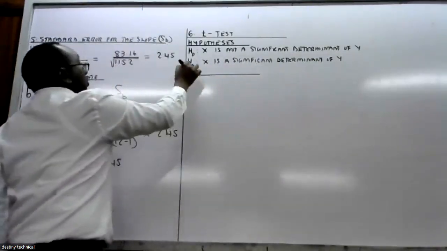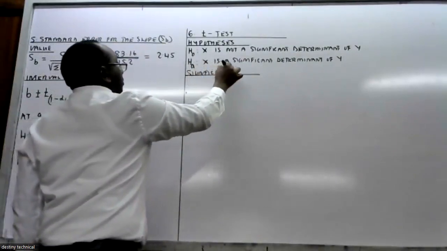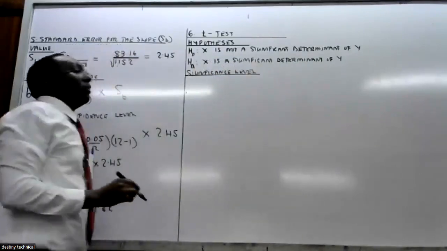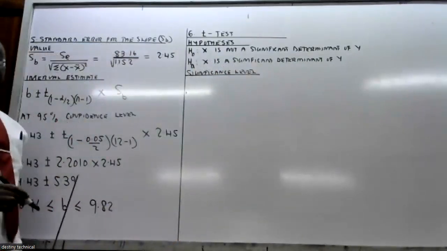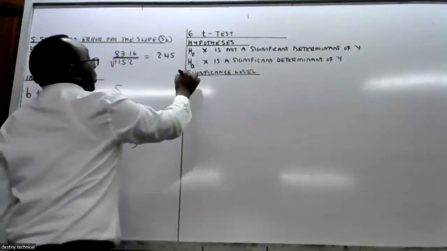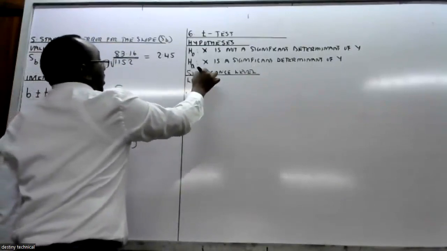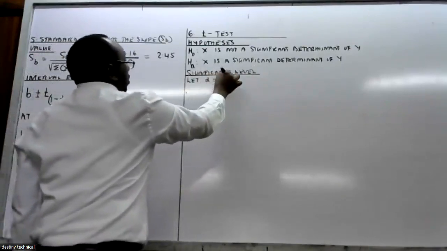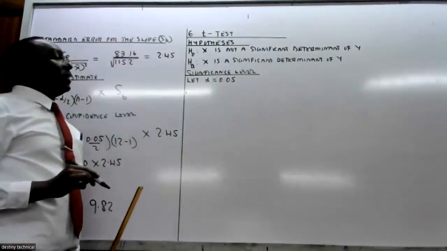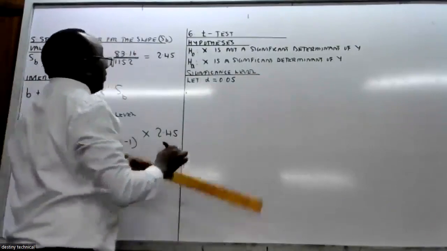Step number 2 is called significance level. Now, significance level, we normally say let alpha be equal to 0.05.